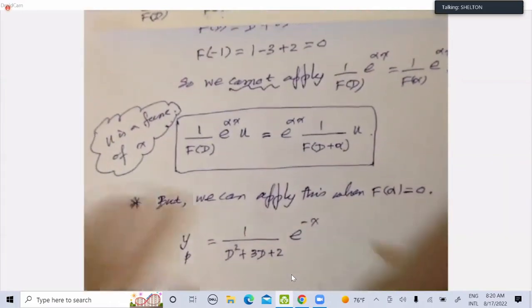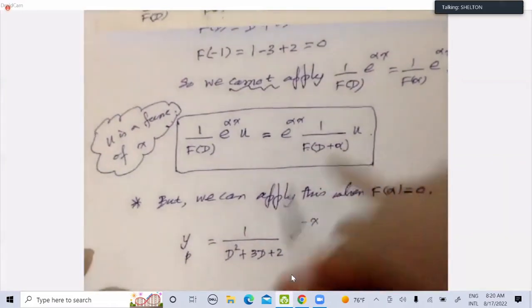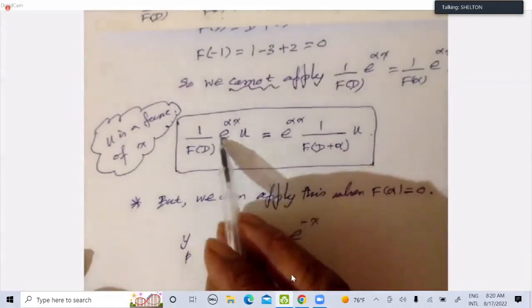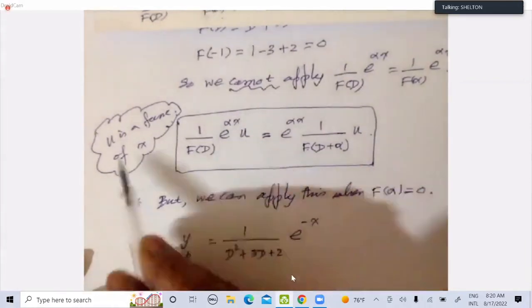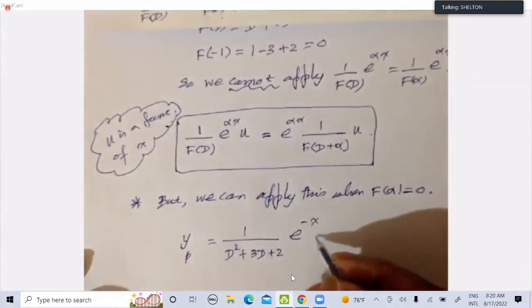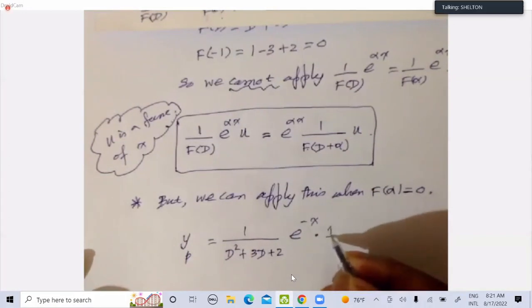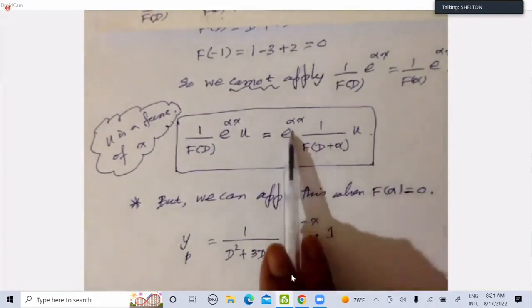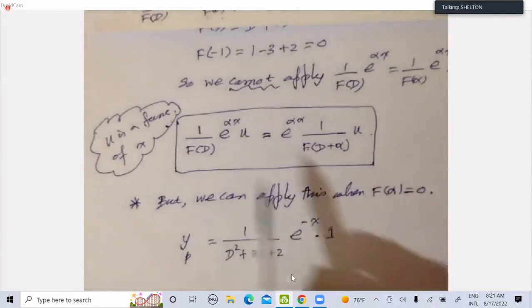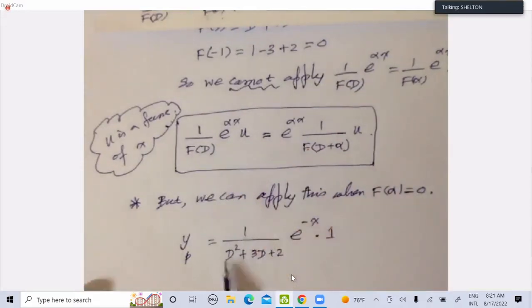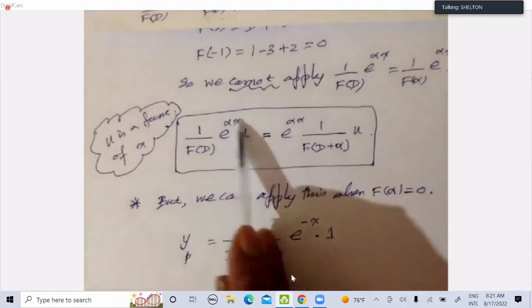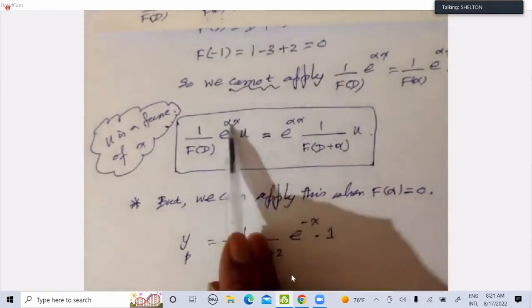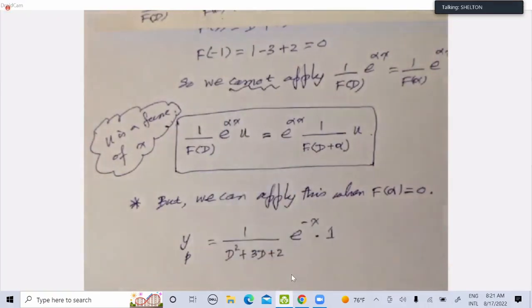You need e to the alpha x times u, where u is a function of x. I will consider this as e to the minus x times 1. 1 is a function of anything, no? Apply the formula. How do you apply it? This is 1 over f(D) e to the alpha x, alpha is minus 1, u is 1.